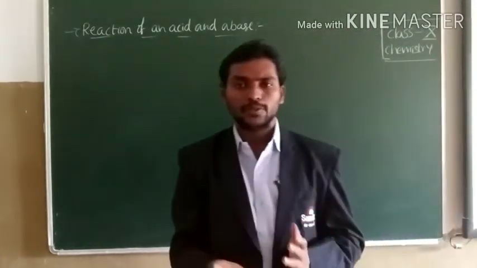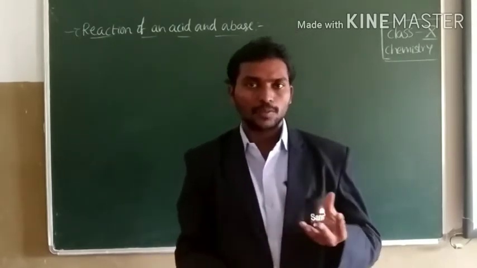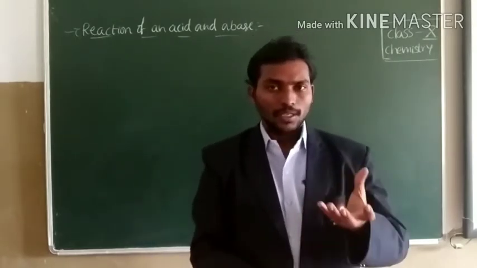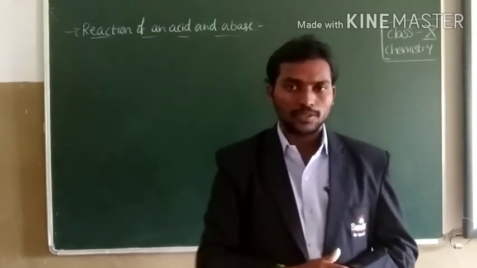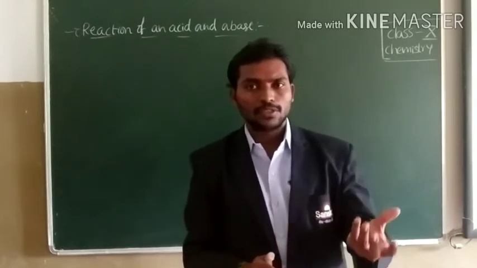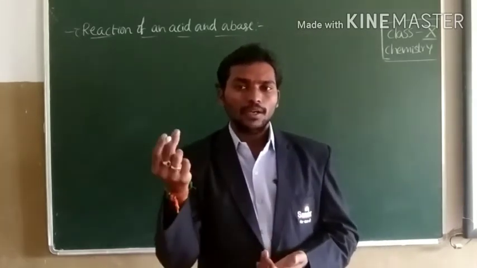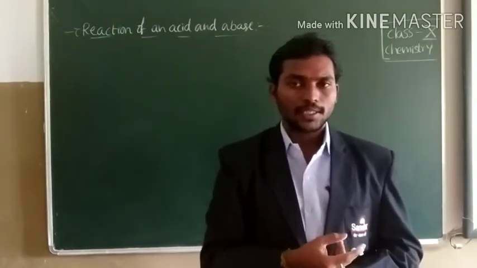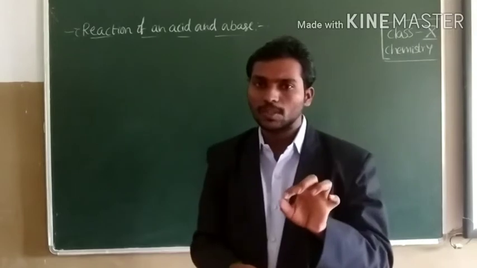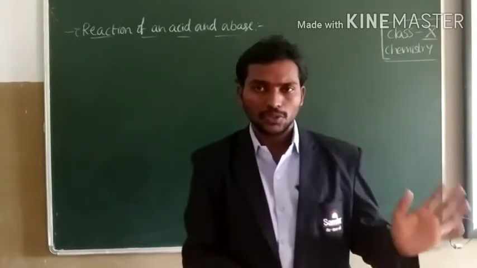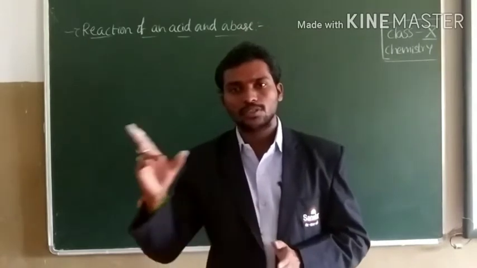How can we prepare sodium hydroxide solution in the laboratory? Take a few grams of sodium hydroxide in a test tube or in a boiling tube. Add a few ml of water to that. Then we get an approximate concentration of sodium hydroxide. Now add a few drops of indicator, that is phenolphthalein indicator. When you add a few drops of phenolphthalein to sodium hydroxide solution, the sodium hydroxide solution turns pink in color.